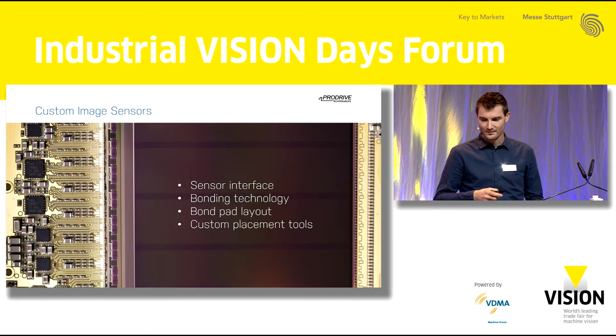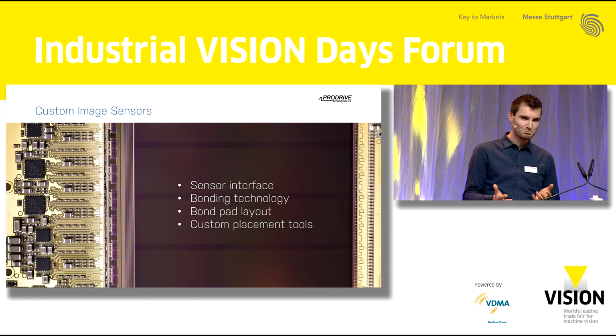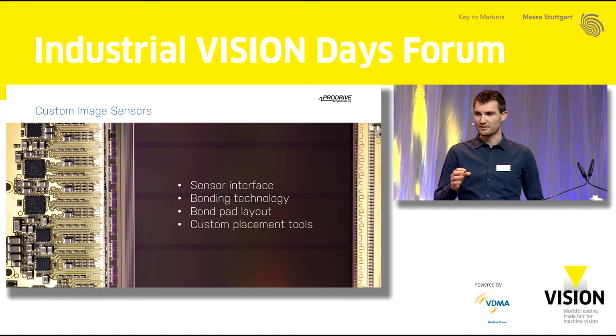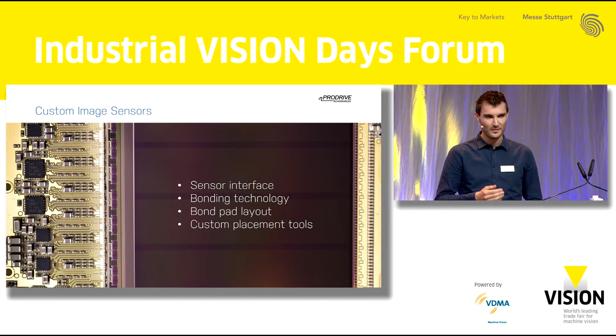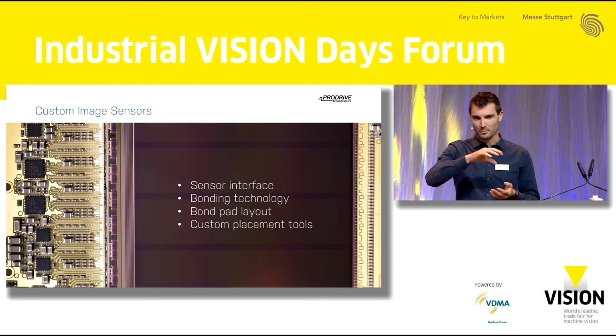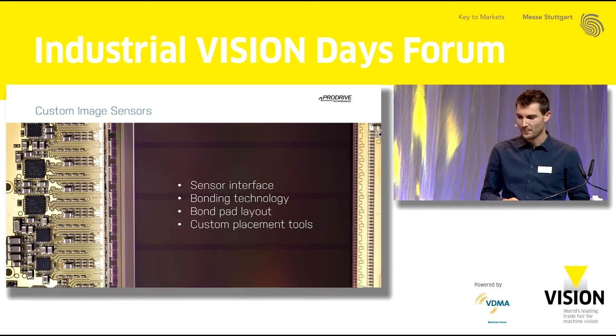Okay, so if you need a custom image sensor, which we often do, you often start with the pixel design, which really defines the performance of such a device. Then you go from the pixel to the interfaces, or the pads around or on the edges of the die.